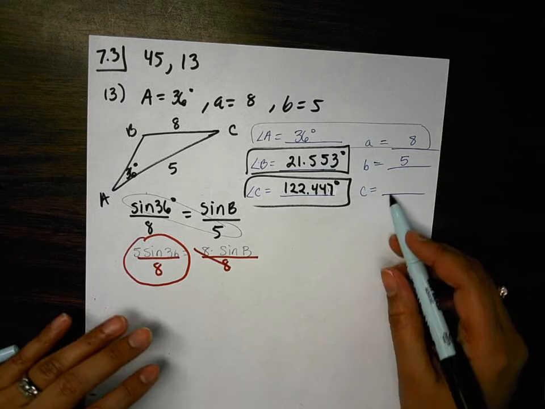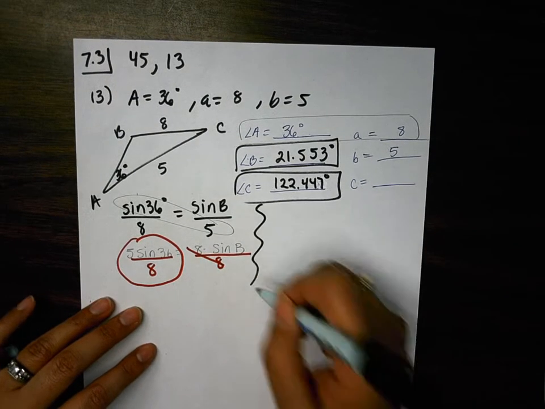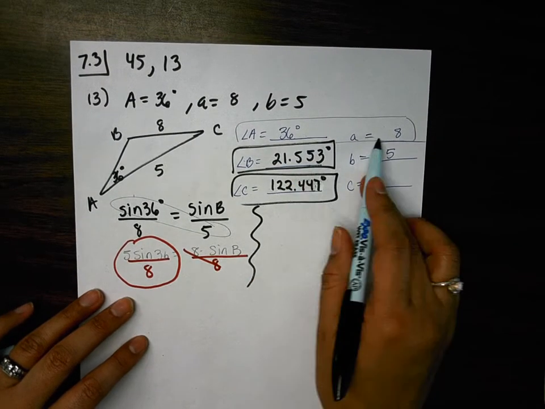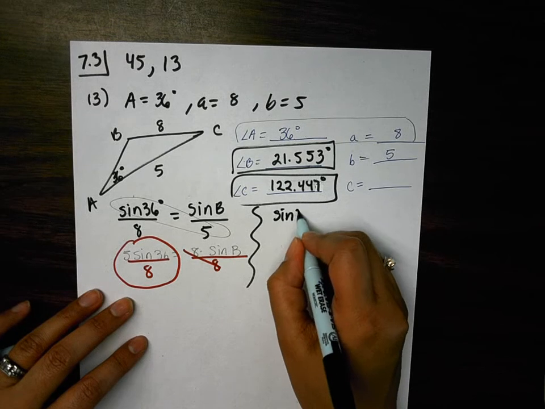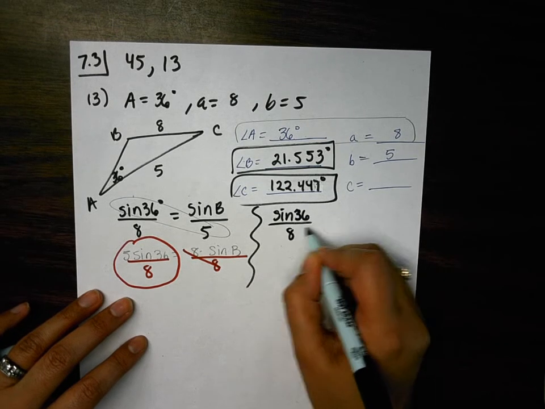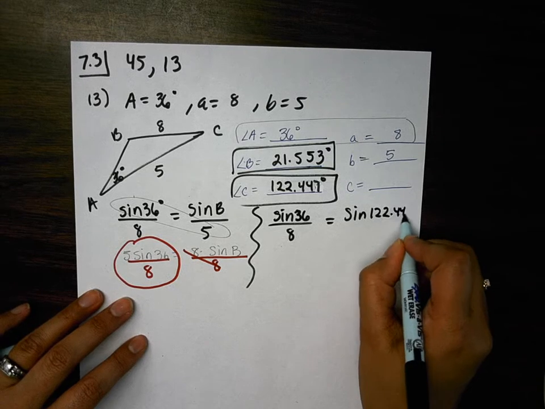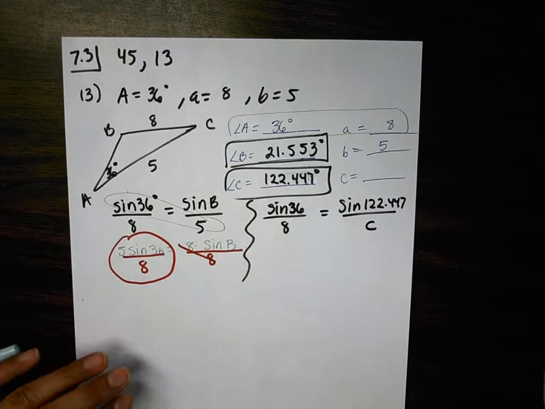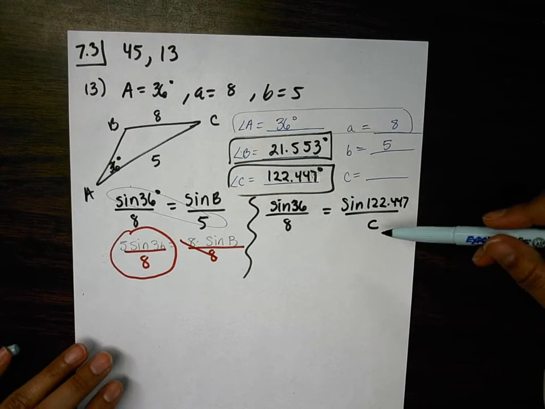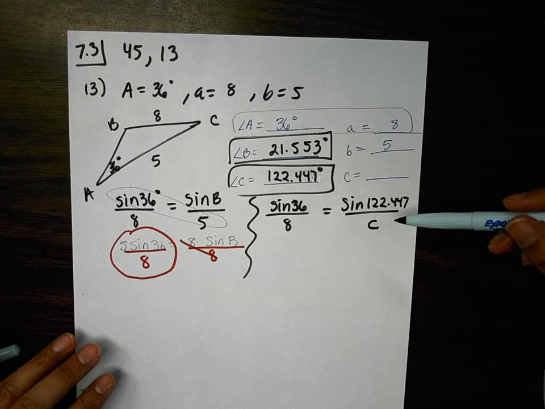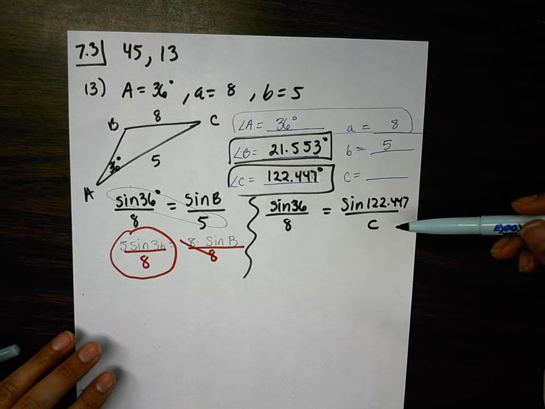All right, and then you do the same thing to find side C. So use this original set, sine of 36 over 8 equals sine of 122.447 over side C. On this side here, will you be using the inverse key or no inverse key?